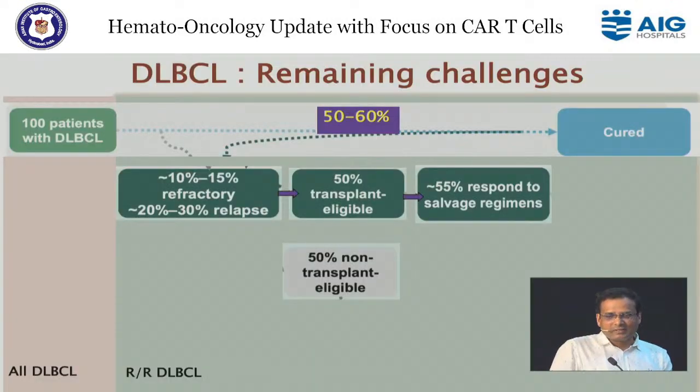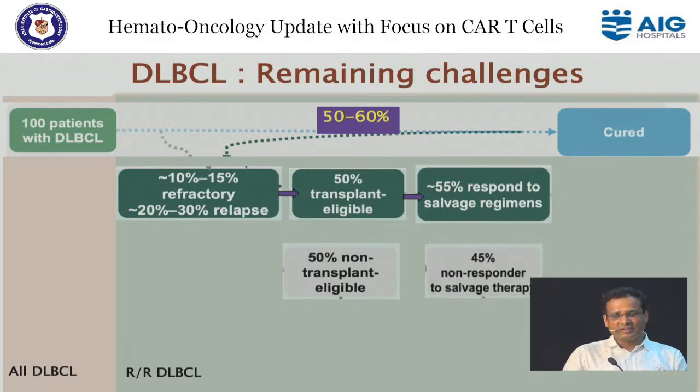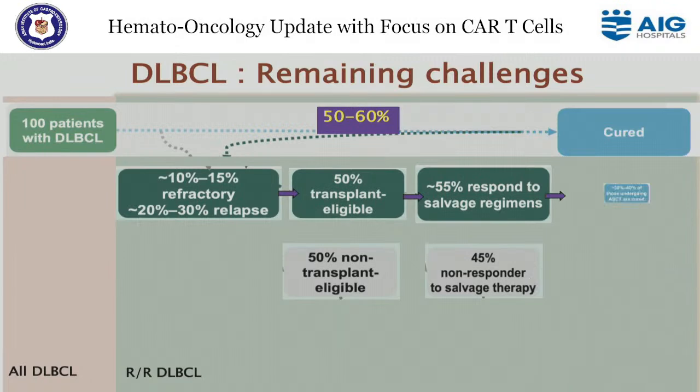In DLBCL, about 50 to 60% get cured. 10 to 15% are refractory, 20 to 30% relapse. Of those who relapse, 50% are transplant eligible. Of these transplant eligible patients, half are chemosensitive to go on for subsequent transplant. Then 50% are non-transplant eligible by age or comorbidities, and 45% are non-responders to salvage therapy.